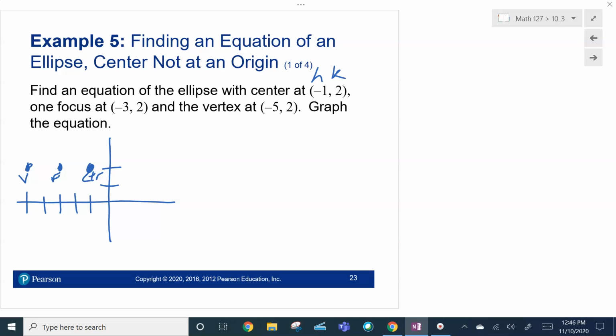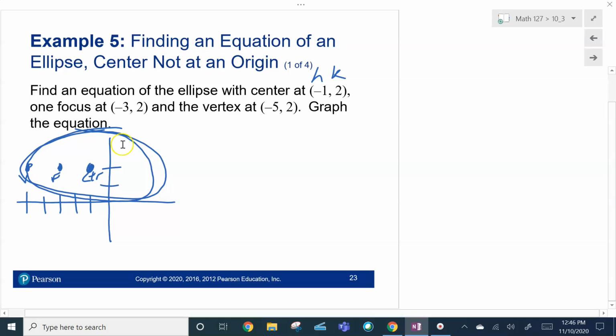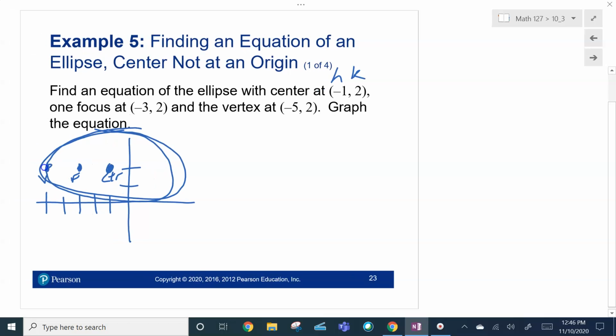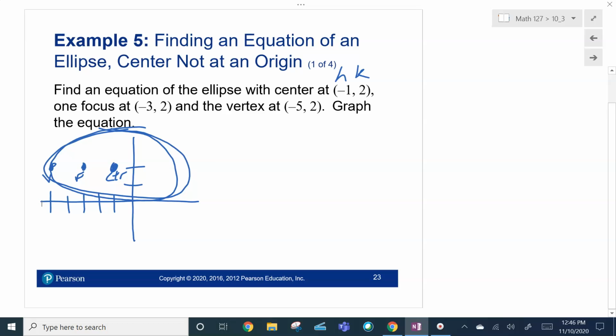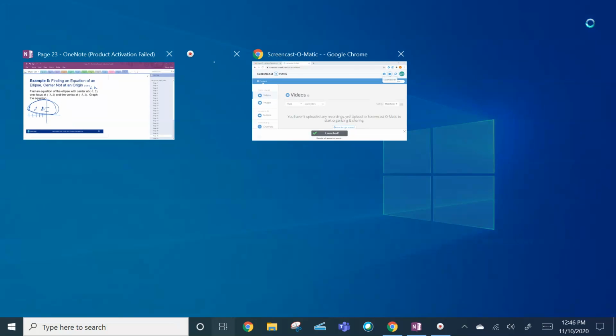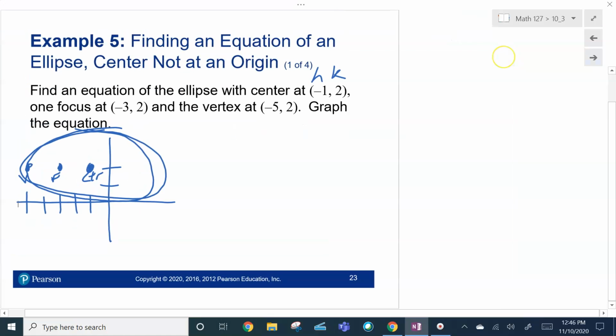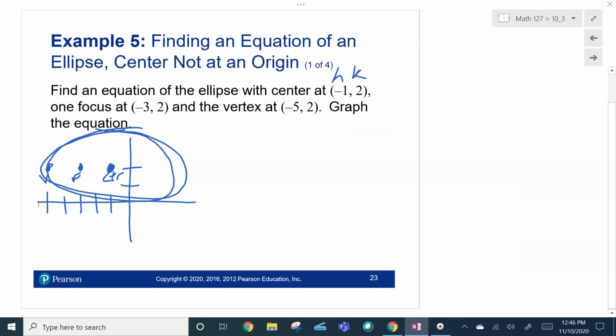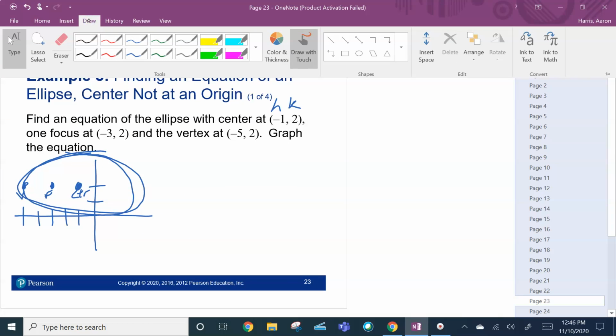So we can kind of draw this. I didn't draw that very well, but anyway, we draw the ellipse. Now notice the center, the vertex and the foci are all on this major axis, so we know our major axis is horizontal.